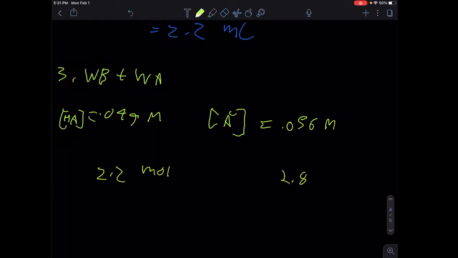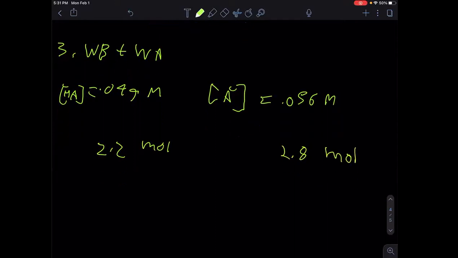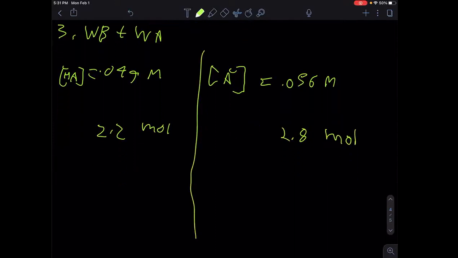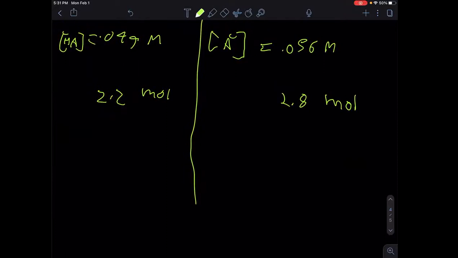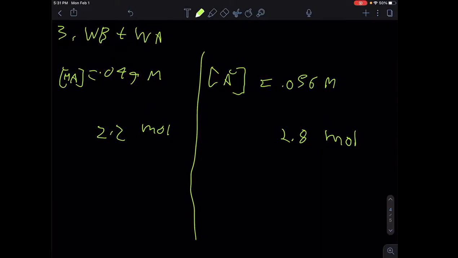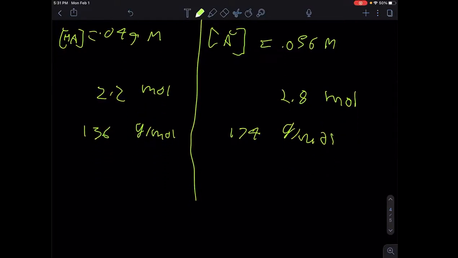This would be 2.8 mole, and for 2.2 moles, this guy HA, 136 grams per mole. And this guy we have 174 grams per mole. Someone multiply all of these and give me the answer.